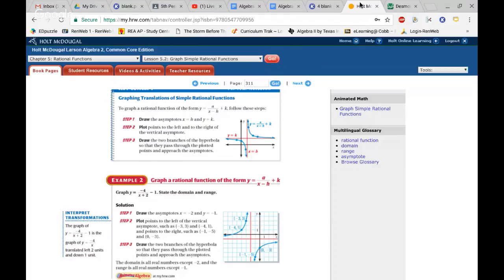Remember, on the simple one, the x-axis and the y-axis are your horizontal and your vertical asymptotes. So whatever the adjustment h, that's going to move your vertical asymptote, and whatever adjustment the k, that's going to move your horizontal asymptote, either up or down. And that's just generally speaking.